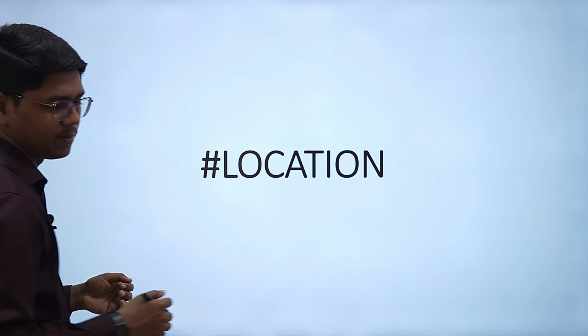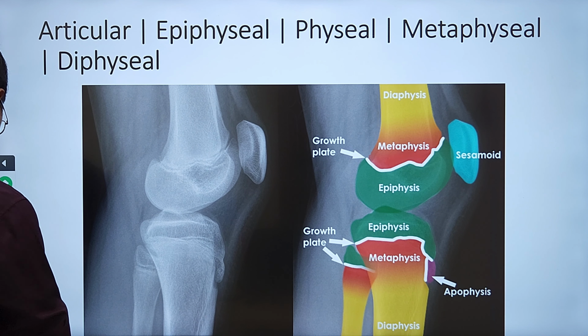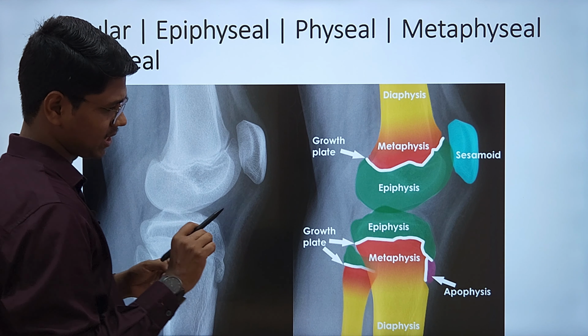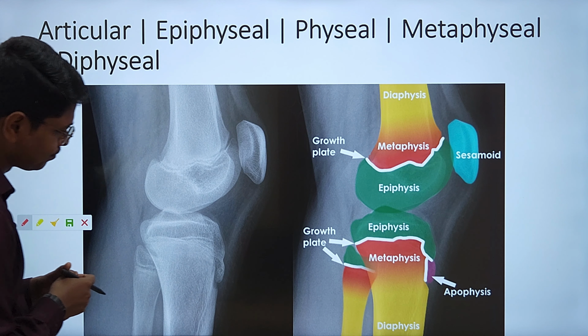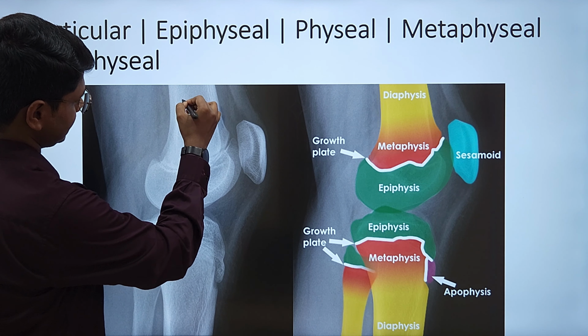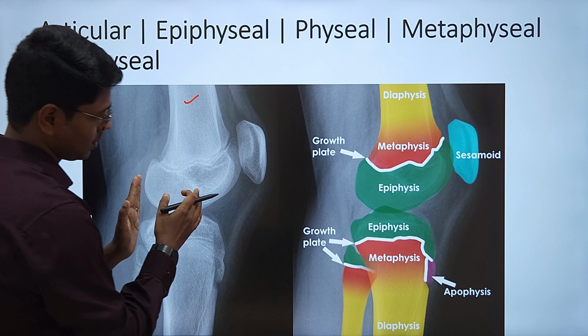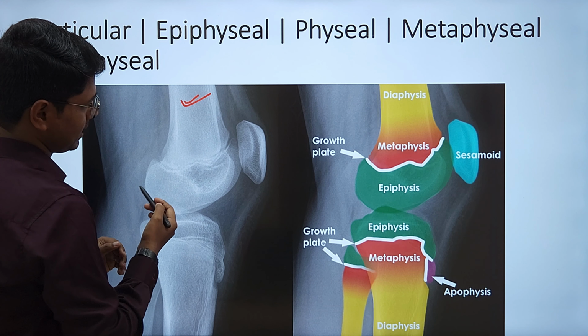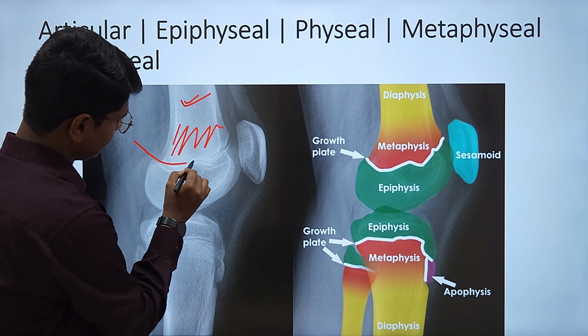Next, on the basis of location, where the fracture line is located. Before going to that, let us understand some basic anatomy of the bone, because some classification depends on it. Here you see, this is the diaphysis. Here it will be the metaphysis. Can you see this plate here?